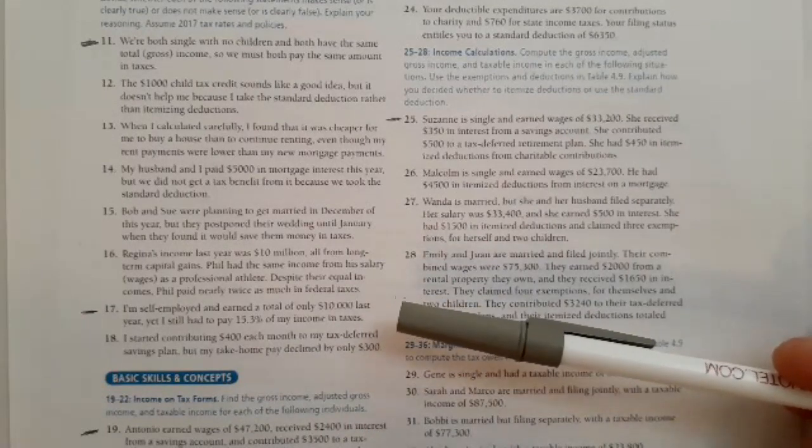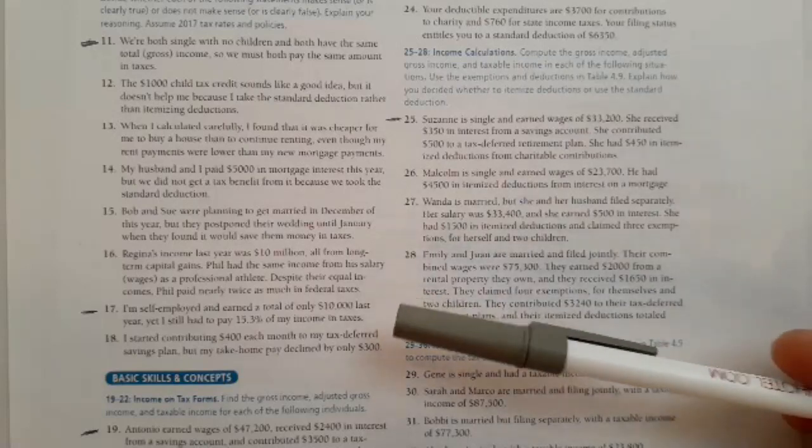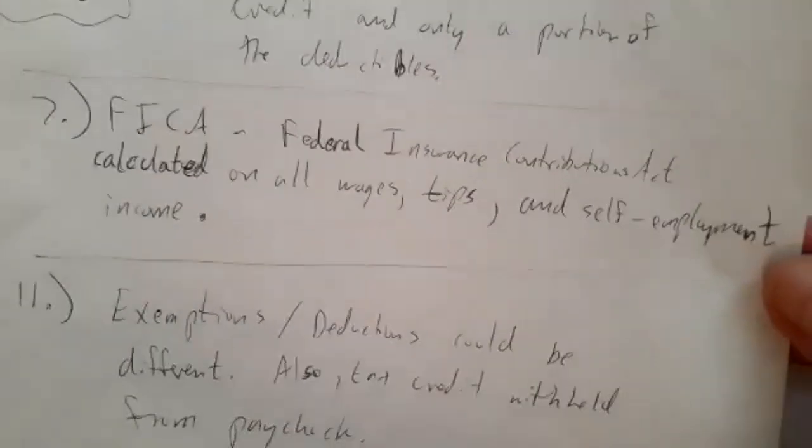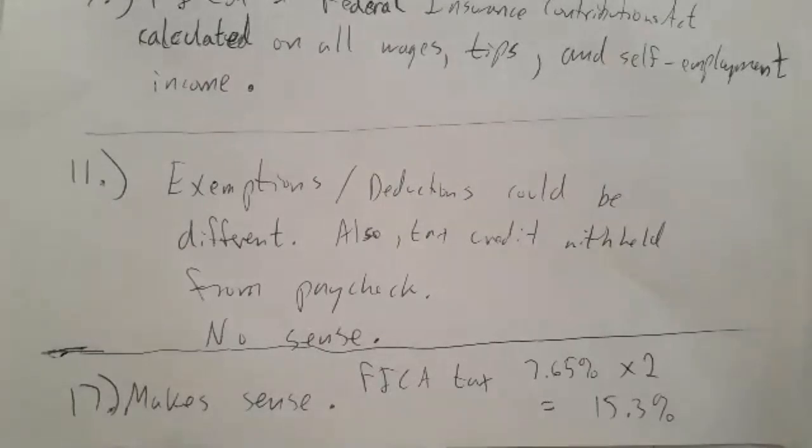Like any deductions that employees have. So when you're a business, you have to pay your FICA, and the FICA is 7.65%. Yes. And if you're self-employed, then you're doing employee and employer, right? You're doing it twice, and so that's where that 15.3% is coming from in that problem.